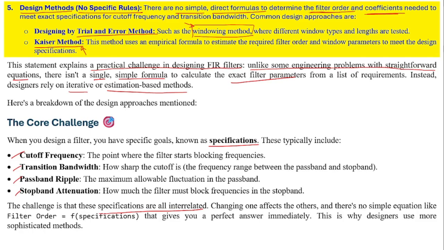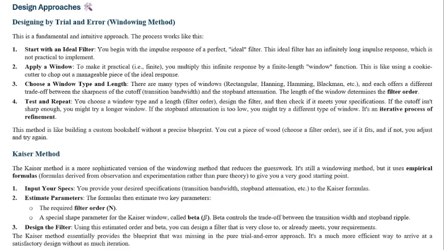Unfortunately, that is not the case. There is no simple equation like filter order equals a function of the specification, and that is the most challenging part. This is why designers have to use sophisticated methods for designing the FIR filter.